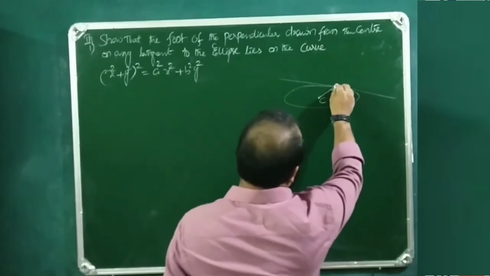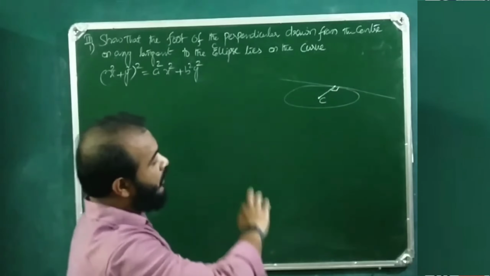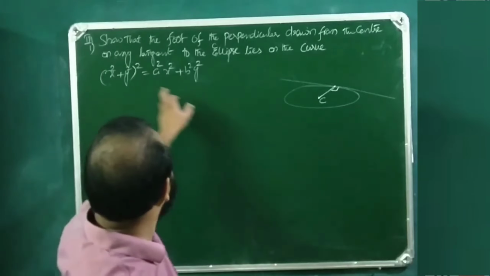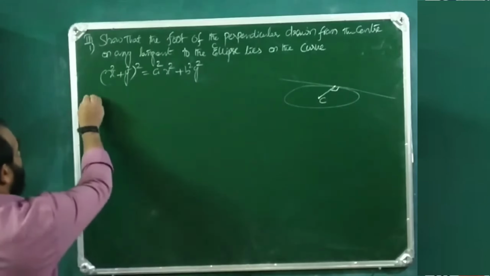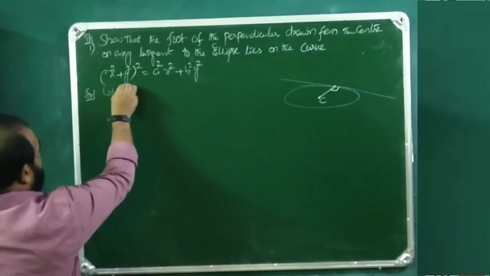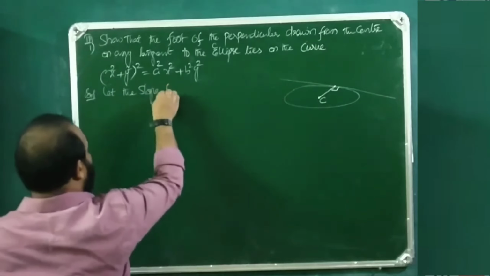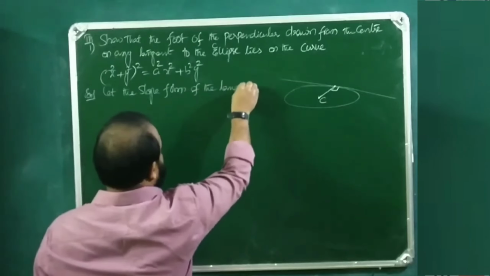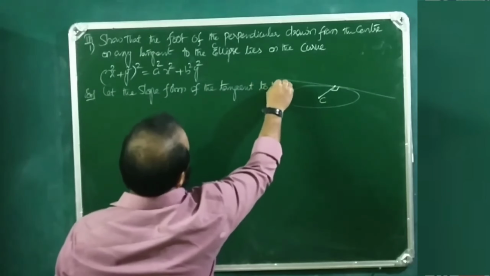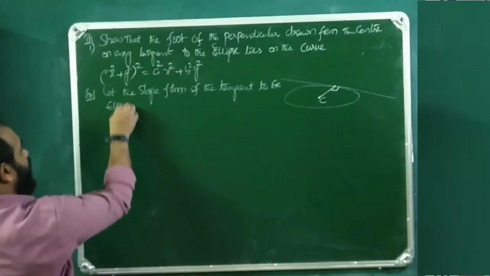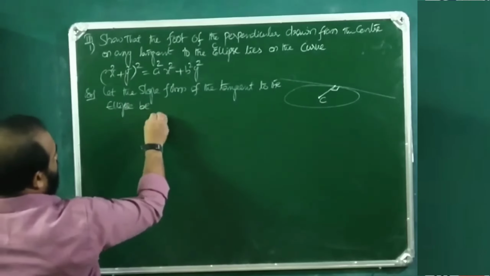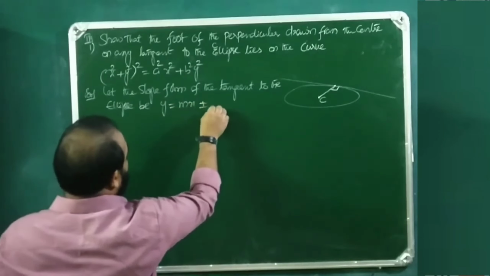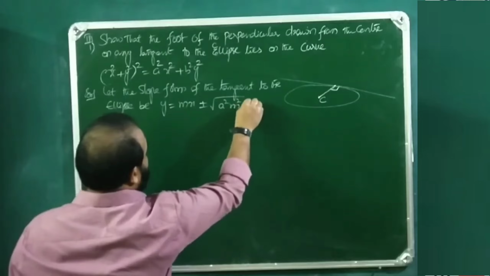The set of all such points lies on this curve is what we need to prove. So as usual, let the slope form of the tangent to the ellipse be y is equals to mx plus or minus square root of a square m square plus b square.